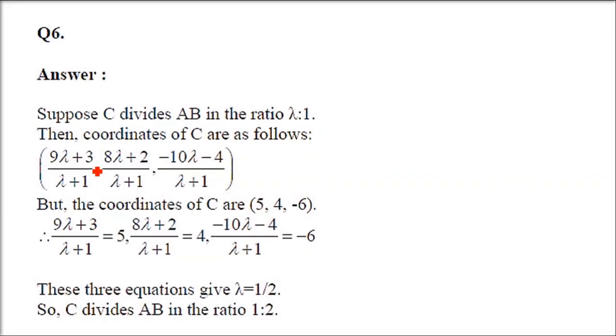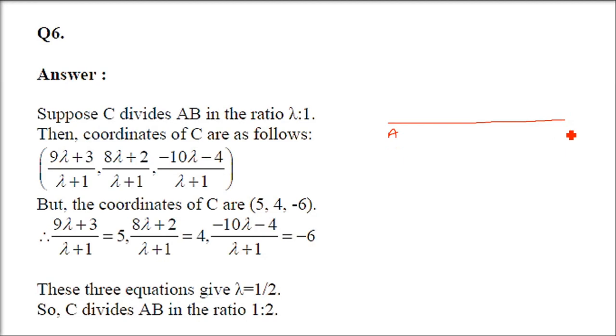Question number 6. If the points A, B and C are collinear, find the ratio in which C divides AB. So almost the same thing we have already done.